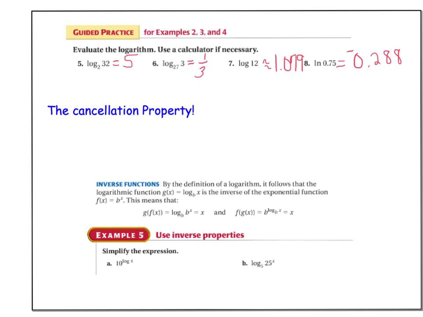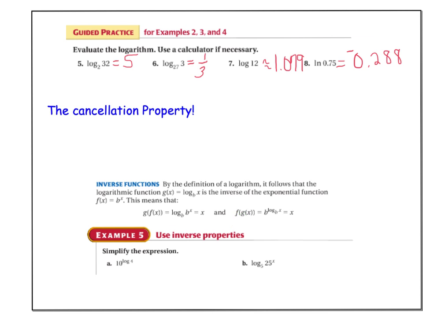So look at what we have here. They're telling you that g of x is log base b of x. Well, if I took g of f of x, which means I take b to the x and substitute it in here, you can see right here that's your substituted f of x, you do indeed get the value x because of that cancellation property that we talked about up here. F of g of x works sort of the same way.